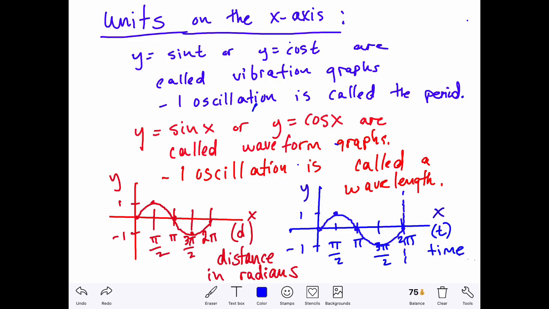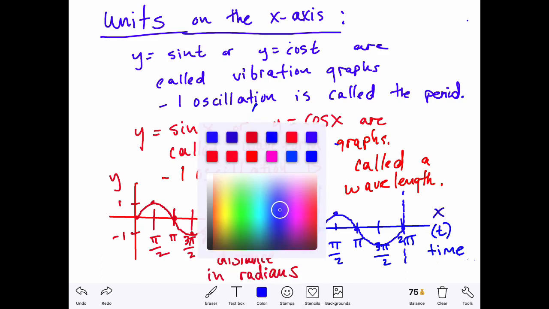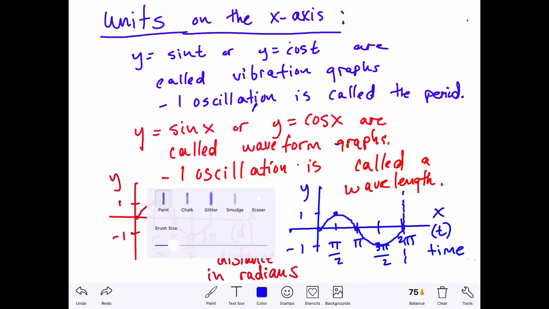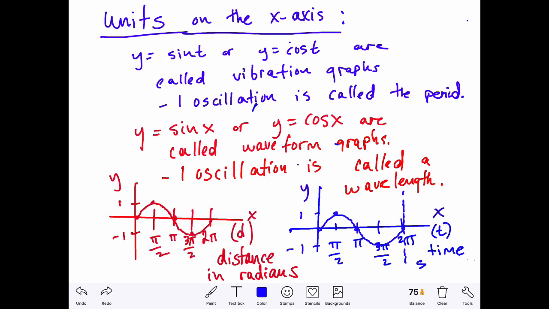If we look at it as a function of time, then the height y of the wave depends on time, in seconds per cycle.